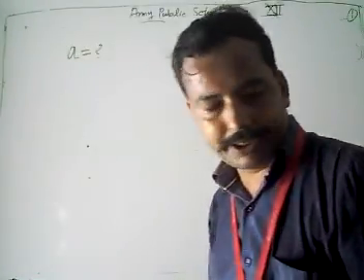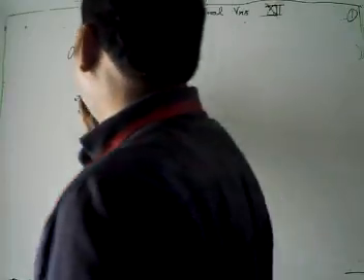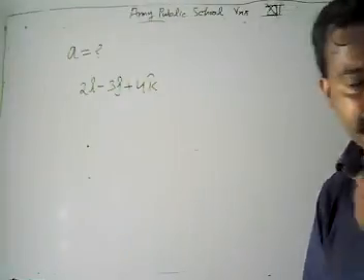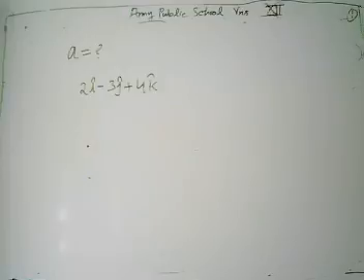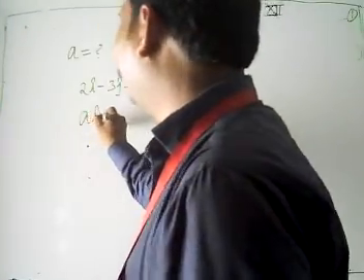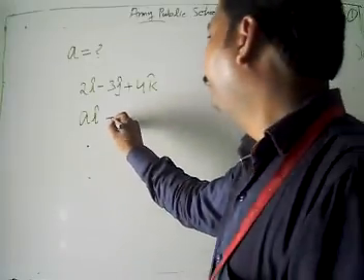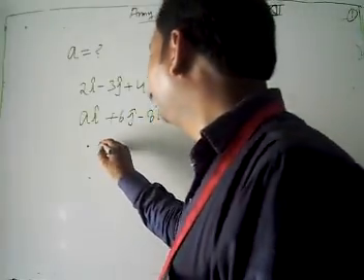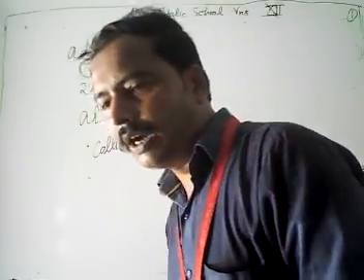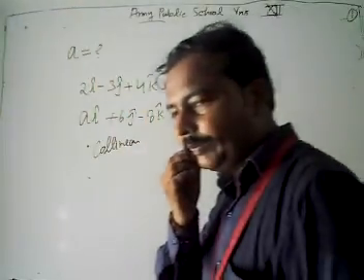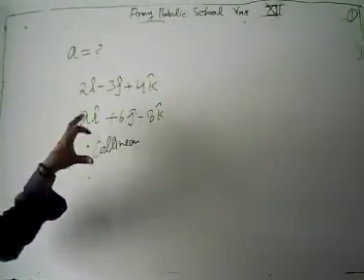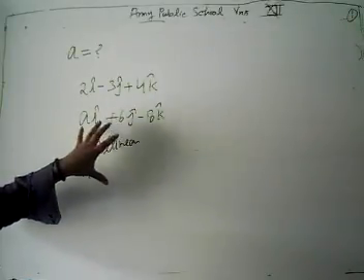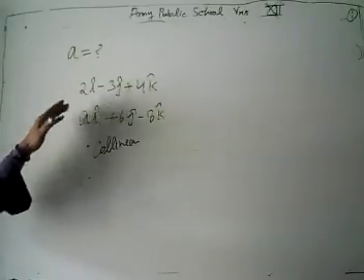For what value of a are the vector 2i cap minus 3j cap plus 4k cap, and the second vector a i cap plus 6j cap minus 8k cap, collinear? We are given two vectors, and we have to find for what value of a these vectors are collinear.